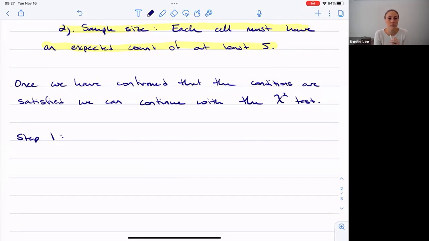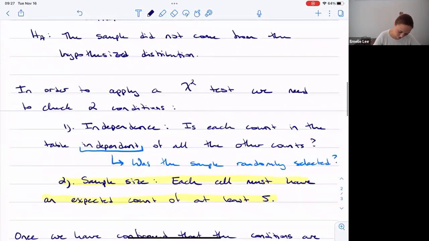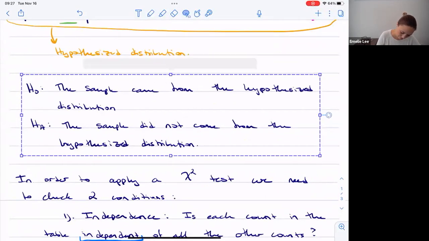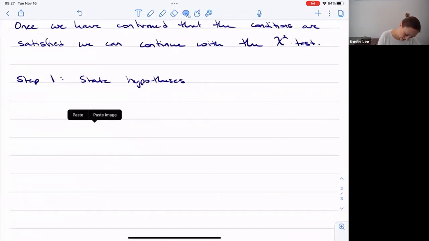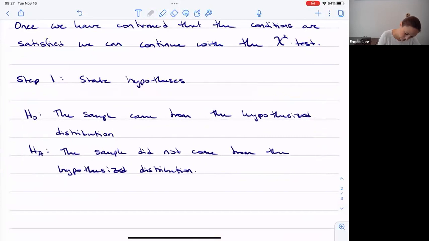And so step one is to state our hypotheses, which we already did up here to introduce the idea. Now, generically, we say that the sample came from this hypothesized distribution.